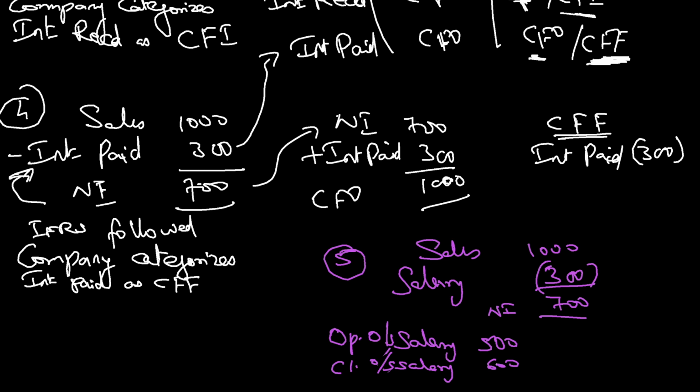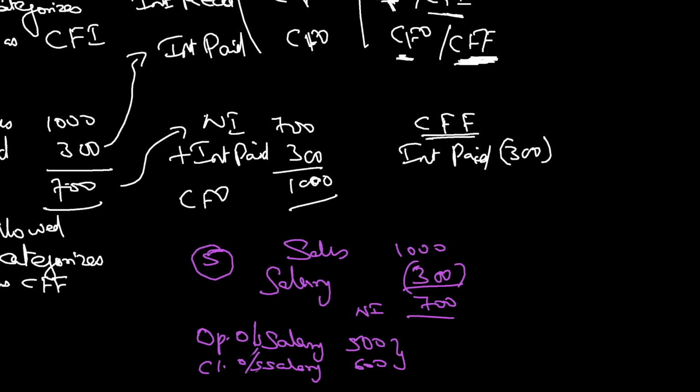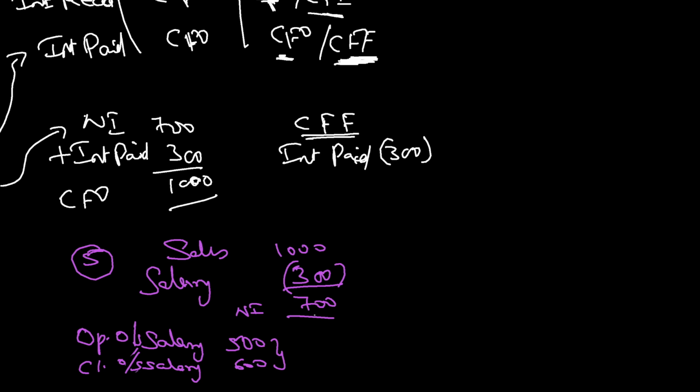However, I can see that 100 is not yet paid, and that's why 500 became 600. So the cash expense is only 200, because 100 I have not paid. I have paid only 200 as cash.